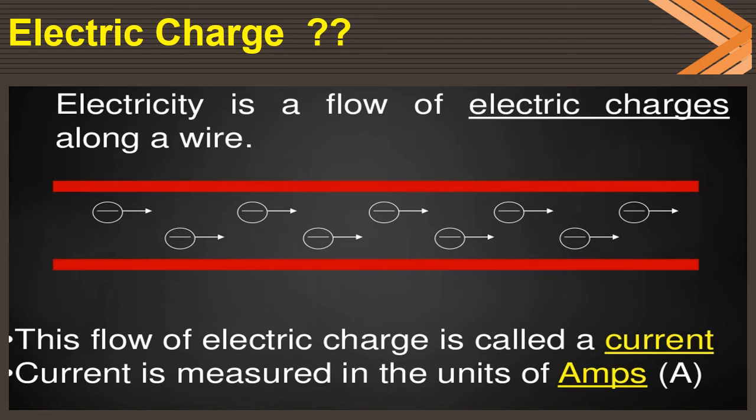I always tell you can take the example of current being just like water, and we are aware in which direction the water flows, whether clockwise, anti-clockwise, forward, reverse, whatever. Likewise, how the electrons flow in which particular direction, accordingly the charges are flowing along a wire.